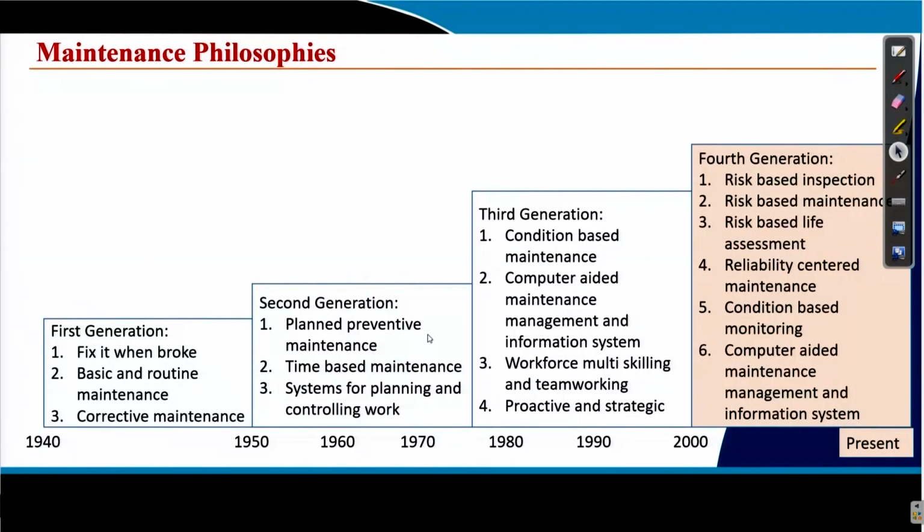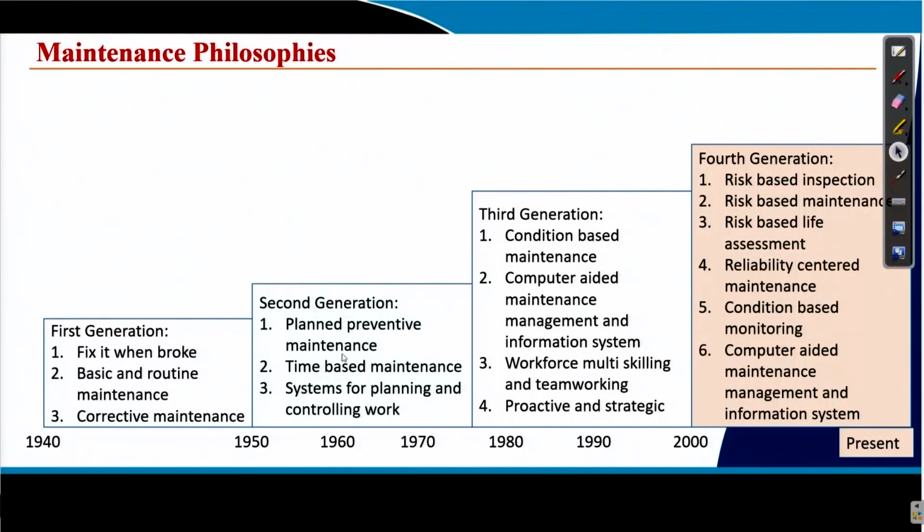So I can say there is probably not much change in maintenance in the last 10 years. Considering that, the history from 1940 to 2000 or 2010 is like this. The maintenance philosophies can be broadly classified into 4 generations.